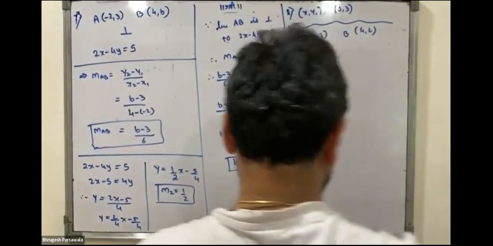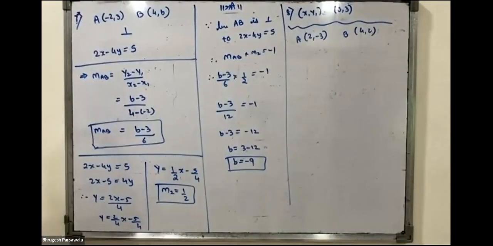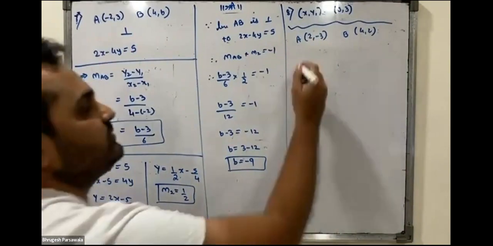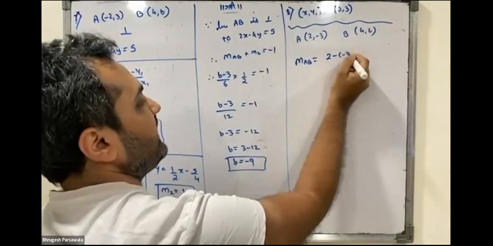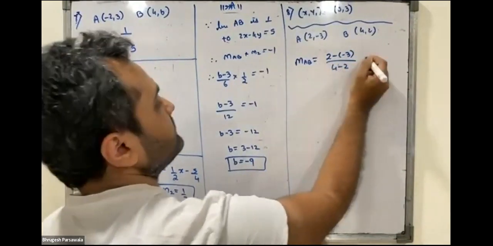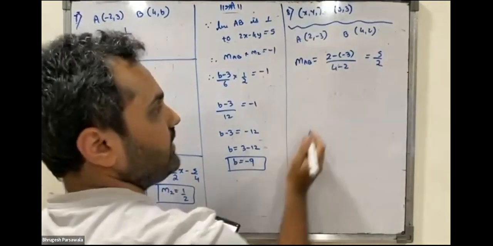Find the equation of line whose y-intercept is 3 and it is perpendicular to this. So first find slope of AB: 2 minus of -3, 4 minus 2, 5 upon 2.